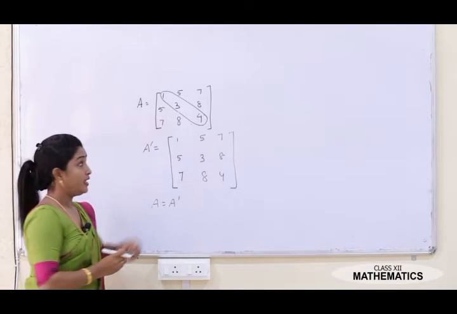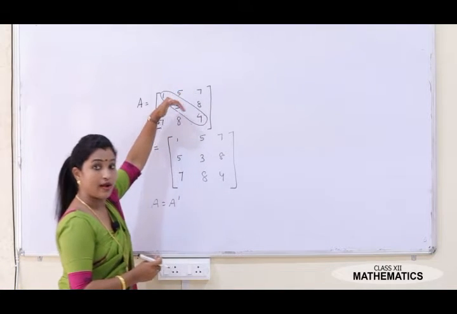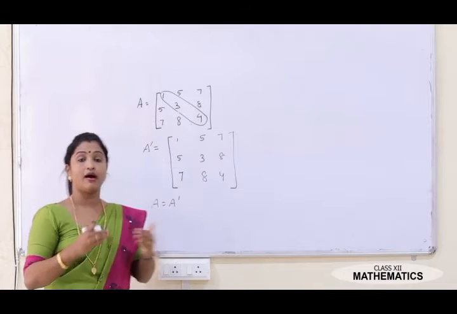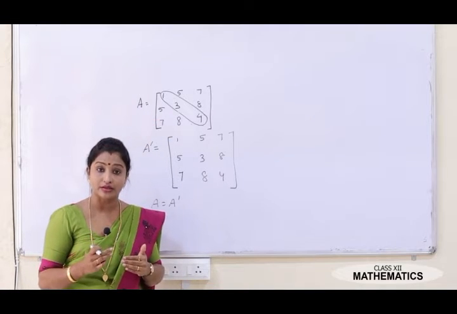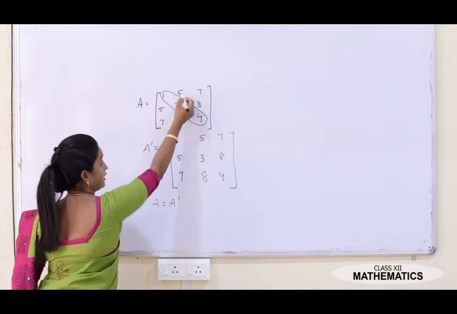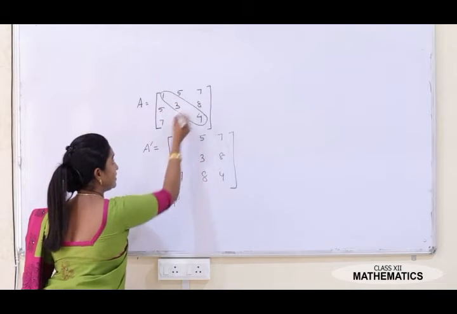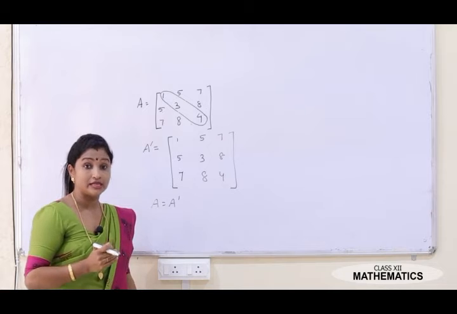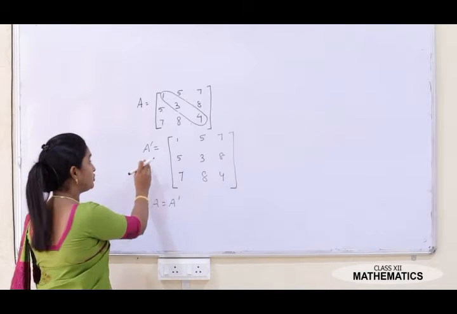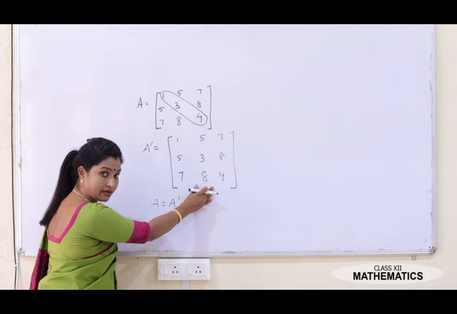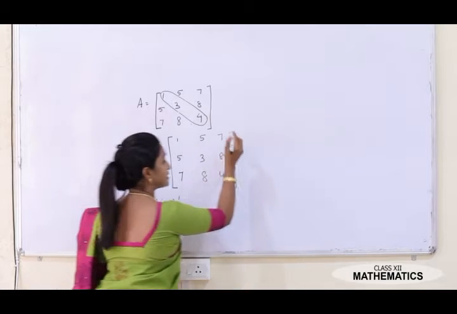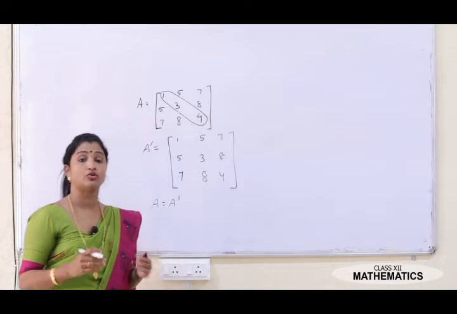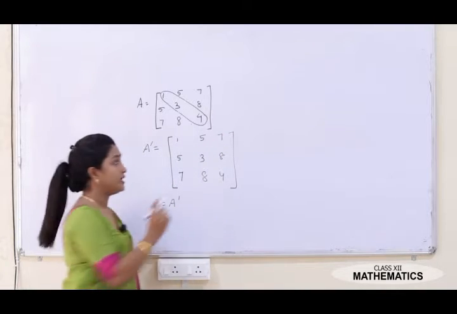That means the elements above and below are mirror images of each other. Here there is 5, and here also 5; 7, 7; 8, 8. They are mirror images of each other, and that is the reason that when you transpose you get the same matrix.